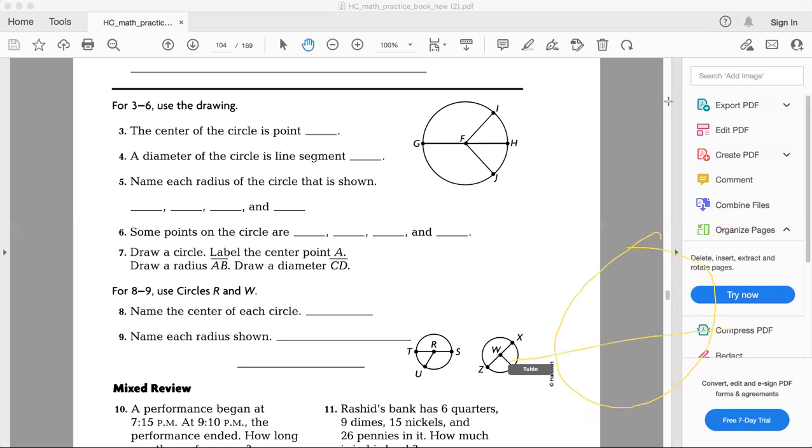These are H, F, G. Very good. Okay, tell me the next one.